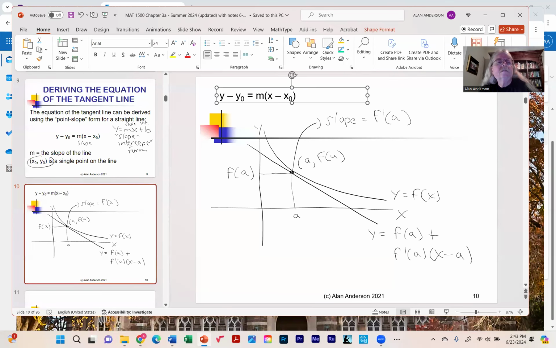Okay, but where did this come from? Well, again, given the way this diagram is drawn, just so you can see what you're doing, let me just quickly sketch it in here again.